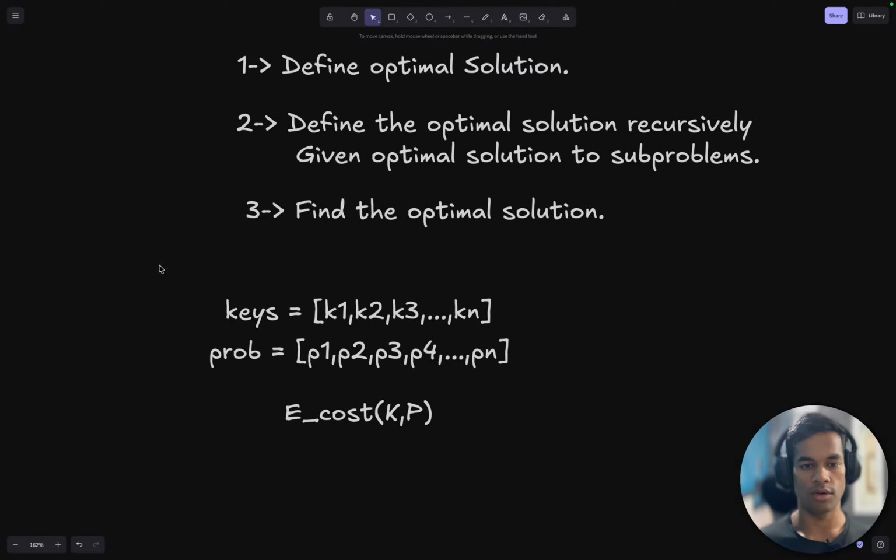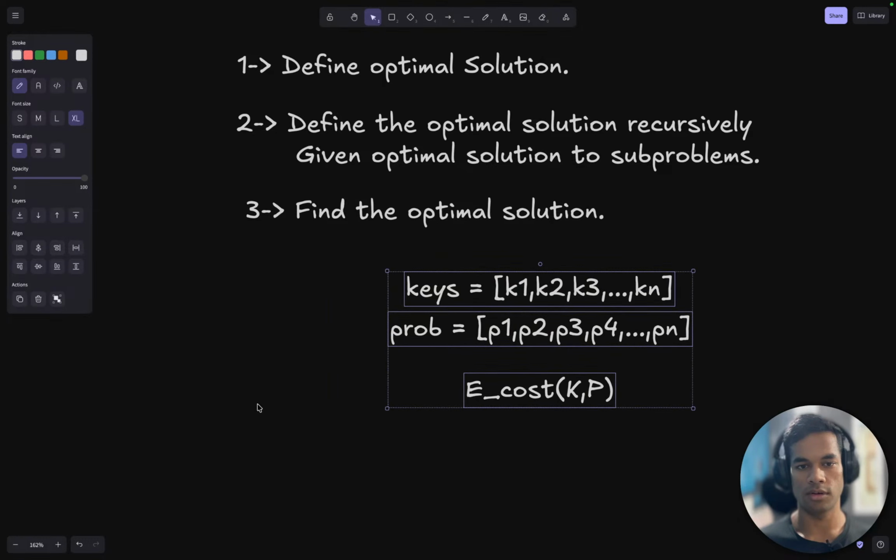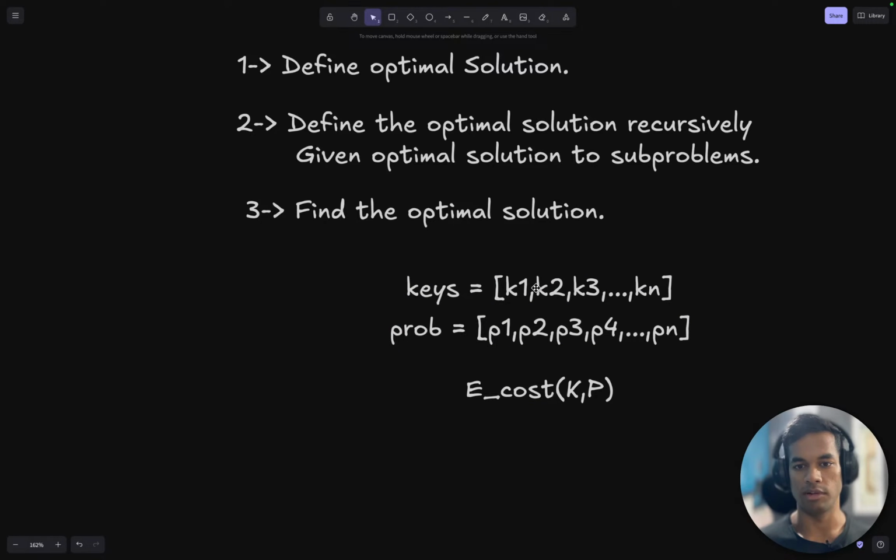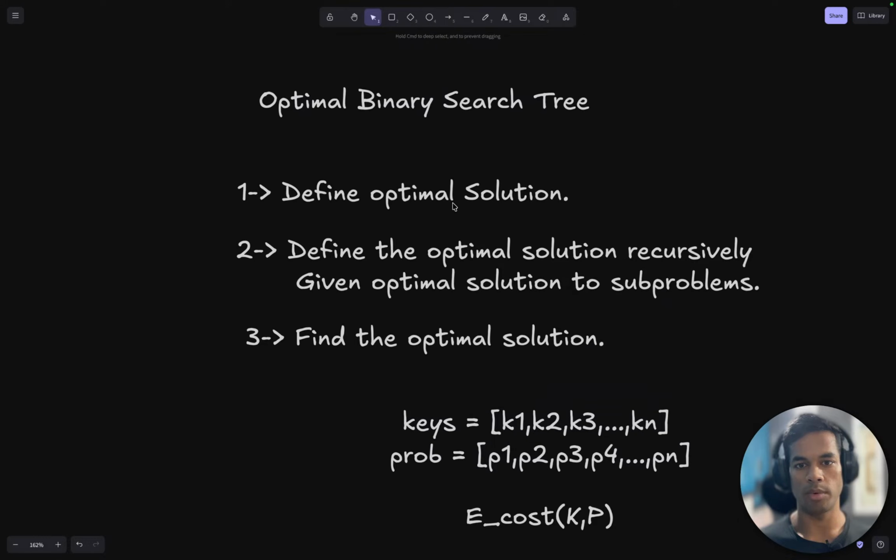E cost. So here we are trying to reduce this cost, and these are the variables. First we have to define what an optimal solution would look like.